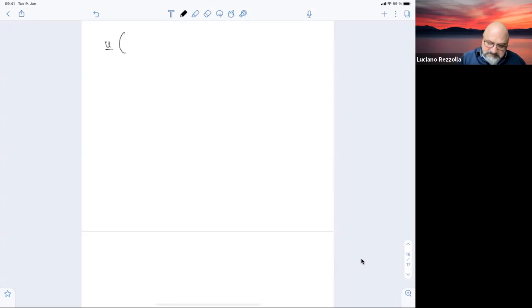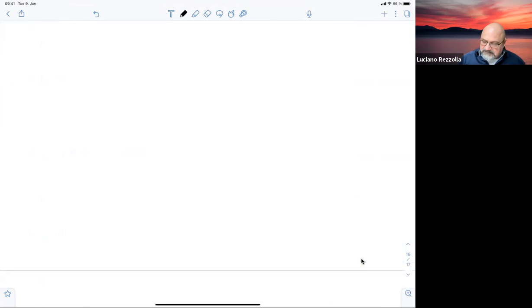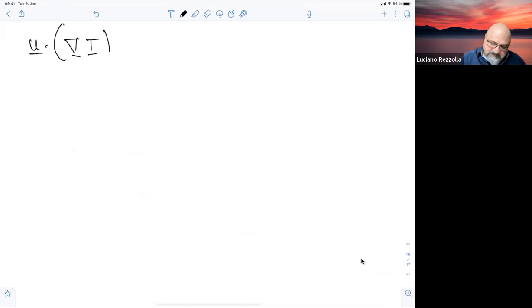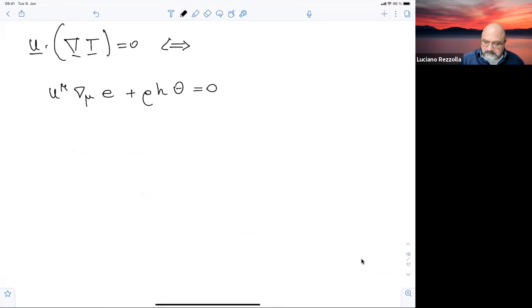So let's go to the other equation that we want to look at, the energy equation. u_ν ∇_μ T^{μν} is equal to 0. I can write this as u^μ ∇_μ E, the energy density, plus rho H θ equal to 0.